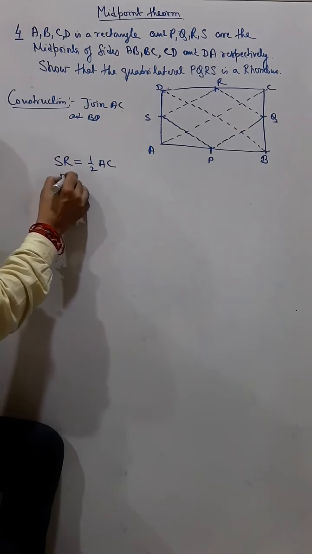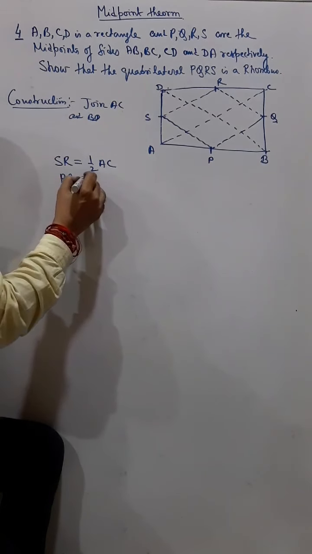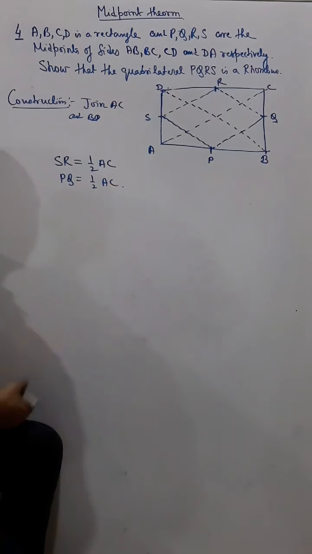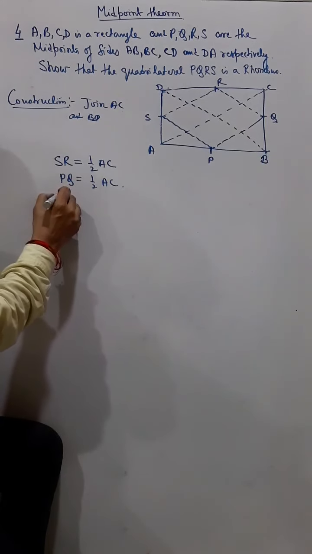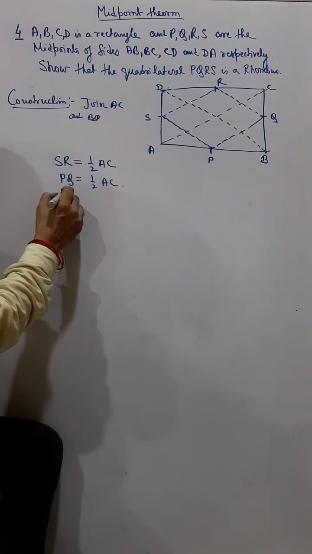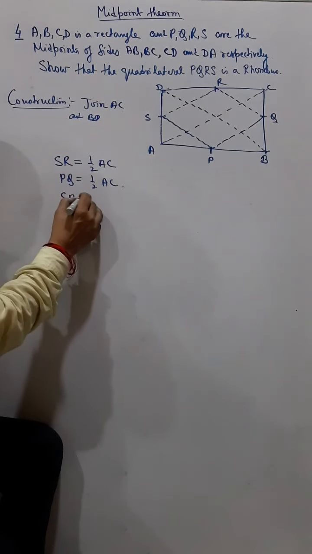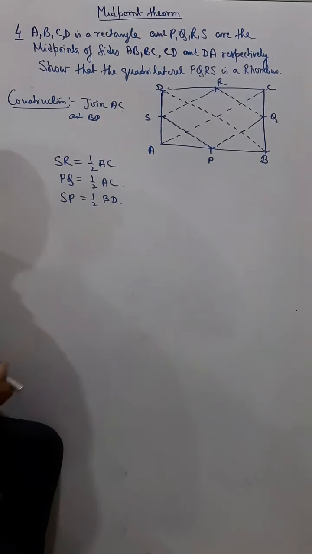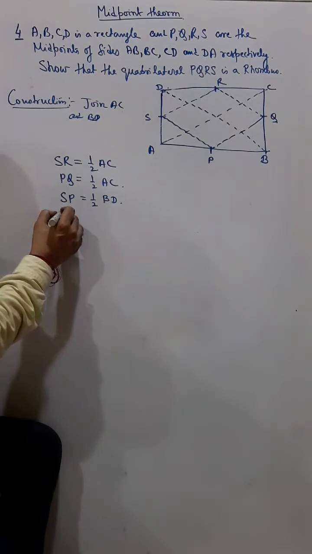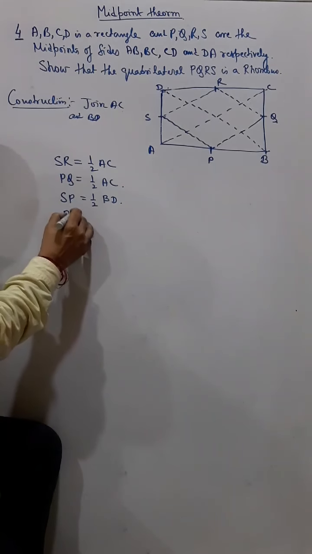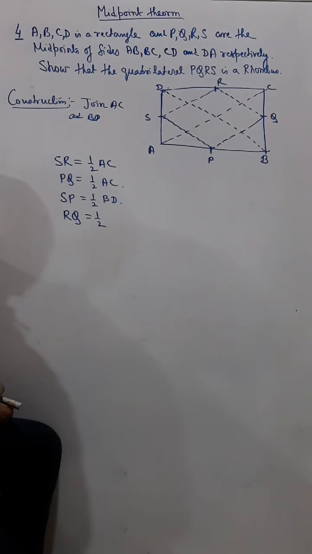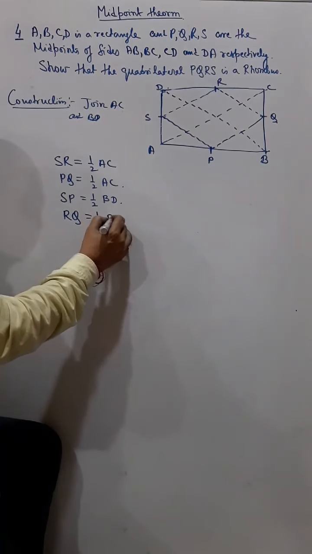Similarly, PQ is half of AC. SP is half of BD, and RQ is also half of BD.